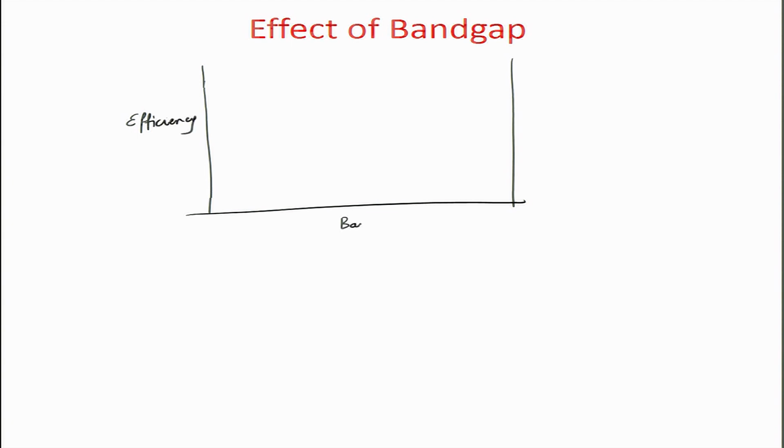Efficiency versus band gap of semiconductor, and theoretical calculation suggests that if you plot this efficiency at 10, 20, 30, 40, so this is in percentage, and let us say band gaps are starting from 0.5, 1.0, 1.5, 2.0 and so on.